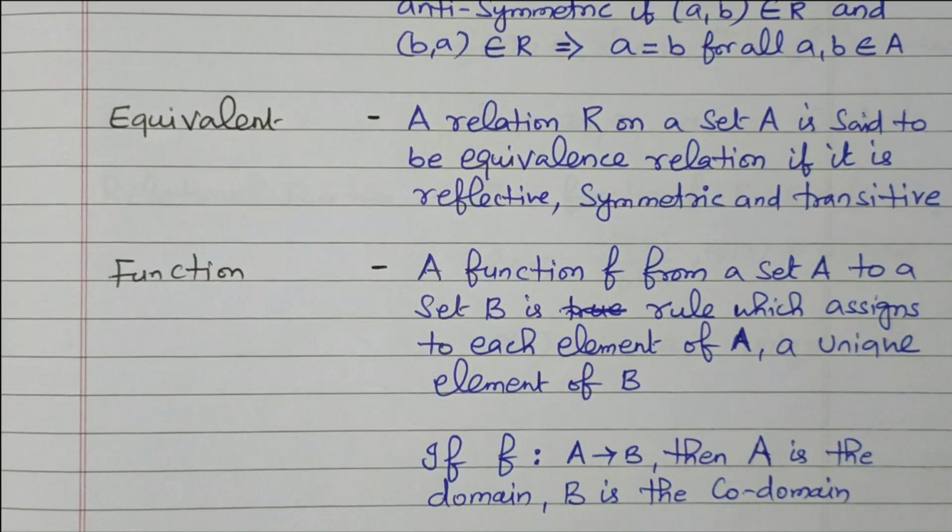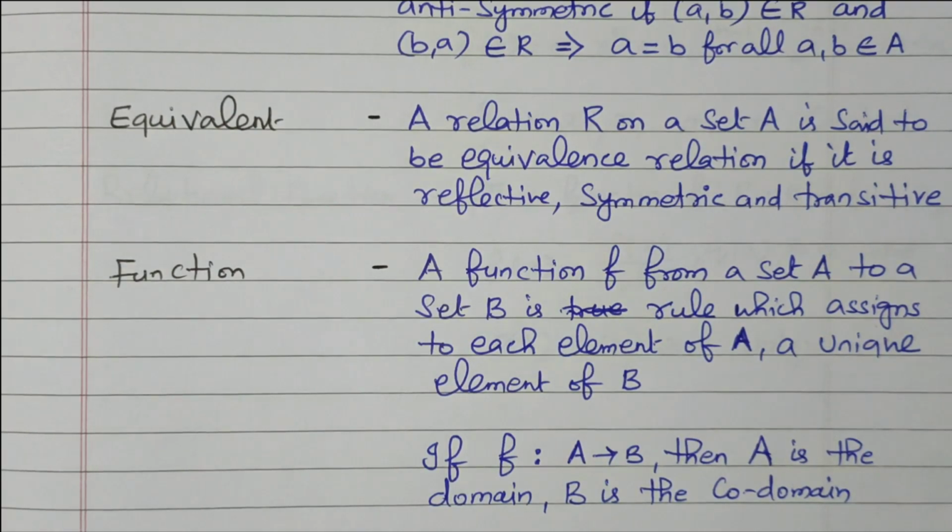Transitive, three elements, (A, B), (B, C), (A, C). Antisymmetric is similar to symmetric, but A equal to B. Then equivalence, if we satisfy reflexive, symmetric and transitive, that is called an equivalence relation. Then we discussed the function f from A to B, where A is the domain and B is the codomain.